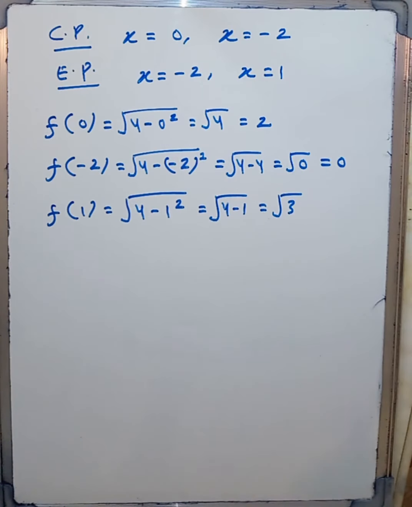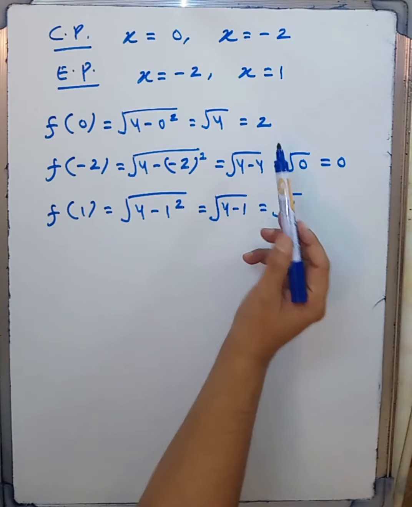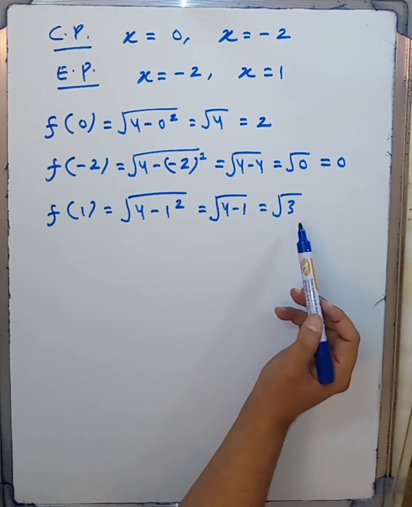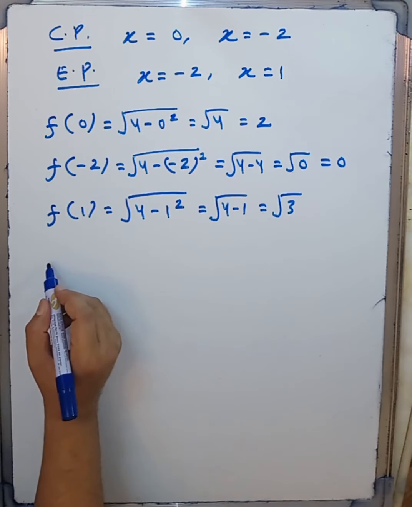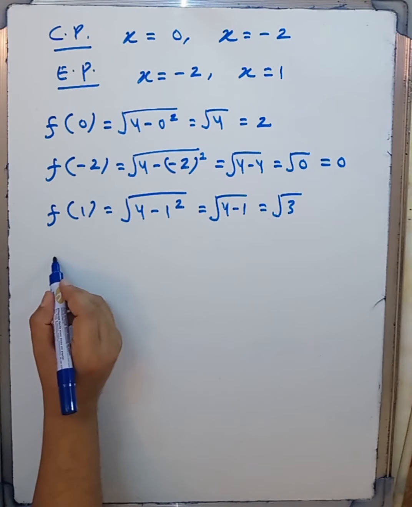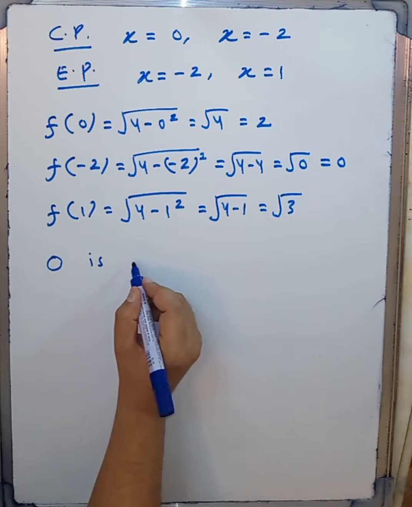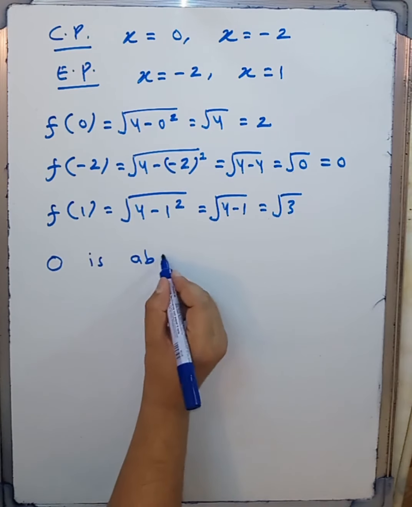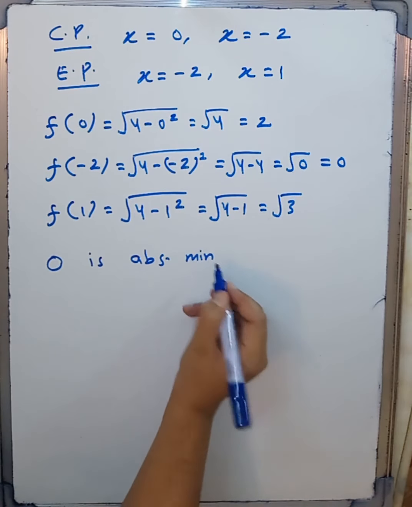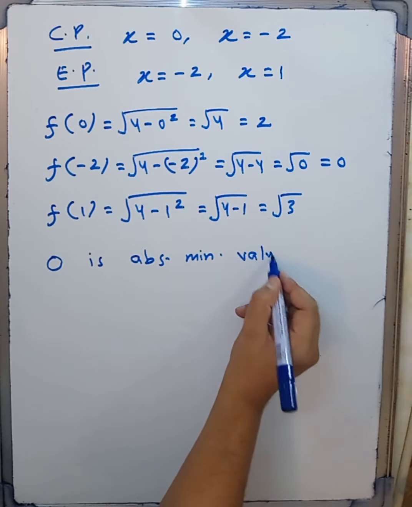So we have evaluated the values of the function at our critical points and our end points. Now if we observe, out of these three values, the least value is 0. So 0 is the absolute minimum value.